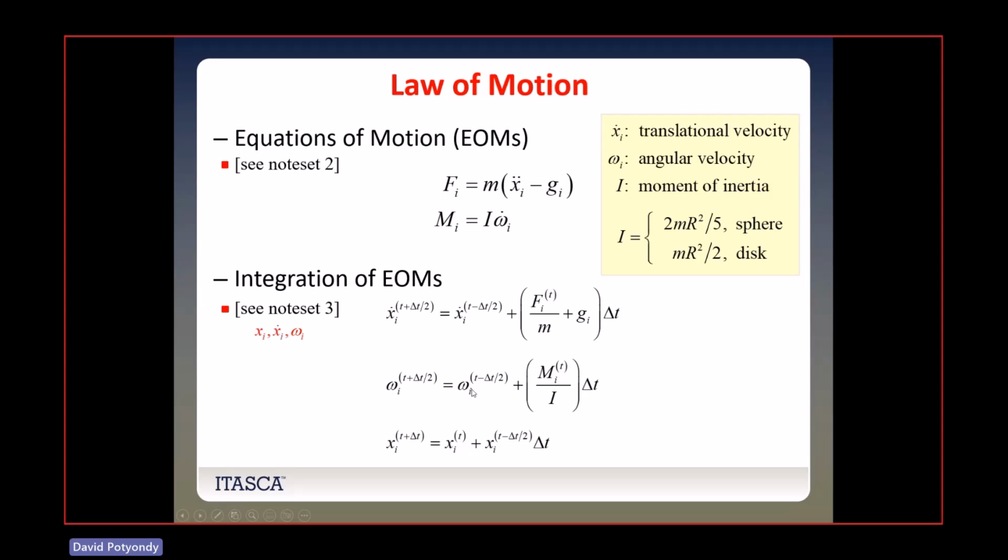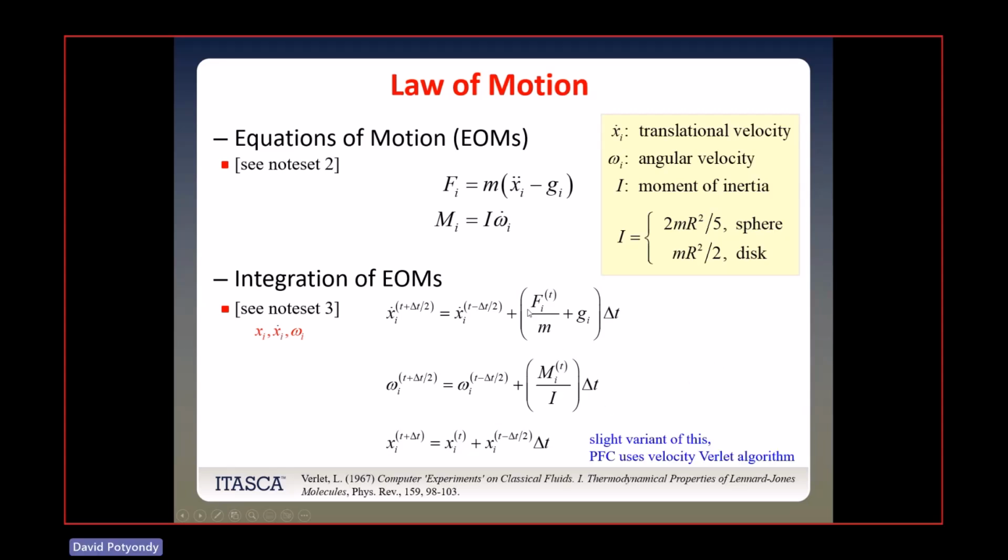It's a function of the old angular velocity, and this is the unbalanced moment about the centroid. Notice the only way that you affect rotational motion is by having unbalanced moment. And the only way that you affect translational motion is by having unbalanced force. Kind of interesting thing. And again, there's these note sets that talk about more detail how these equations come about.